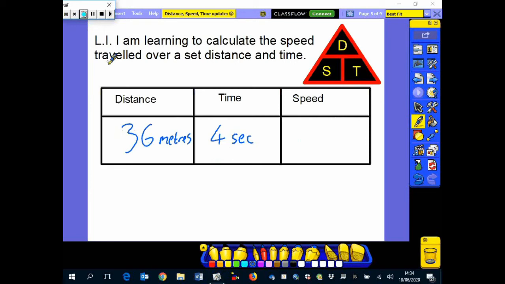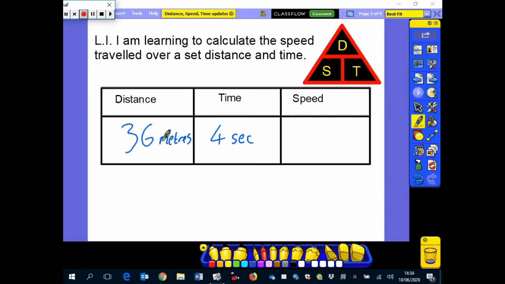Here's another quick example then. And you'll see this time we have different units. Before we had kilometres and hours, this time we have metres and seconds. So we're being asked, how fast would we be going if we ran 36 metres in 4 seconds? Well, let's try and work that out then. So we know that speed is distance divided by time.